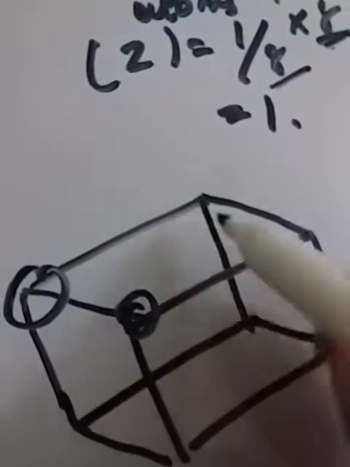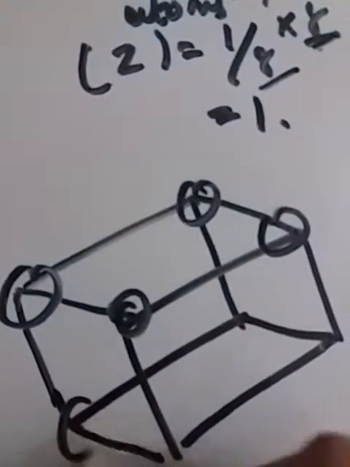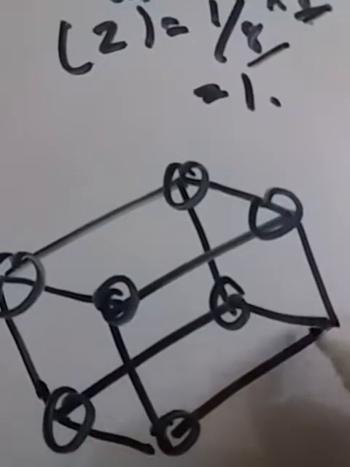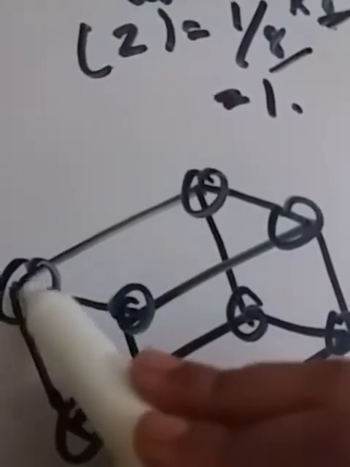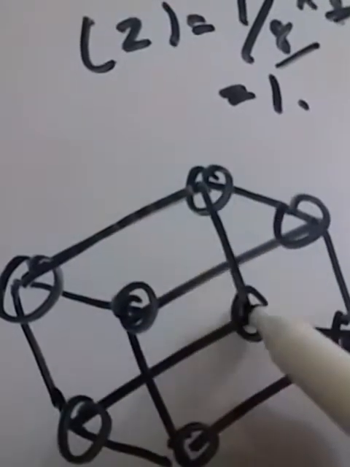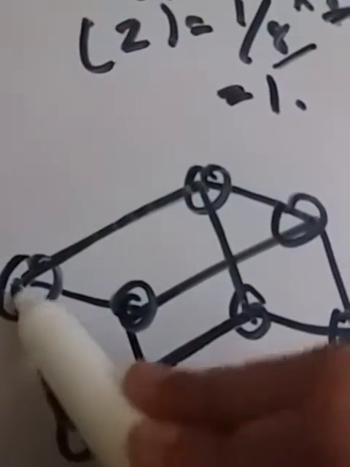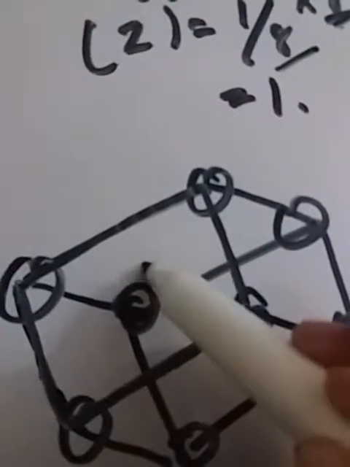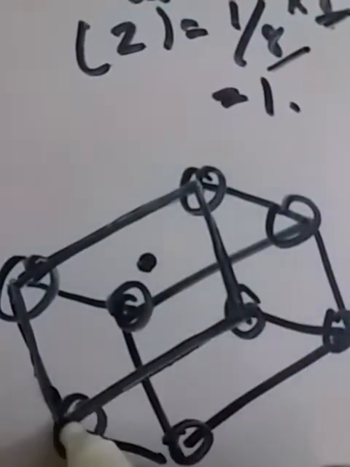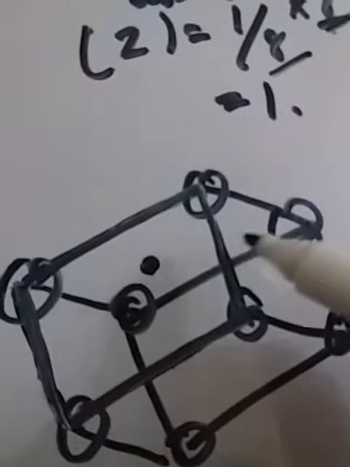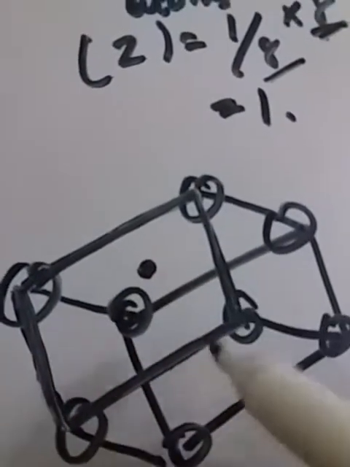Eight corners, 8 atoms, 1 by 8 into 8 is 1, and 6 planes. See, this is one plane, it has one atom. Suppose let this be its center. This I highlighted, then it became 1.